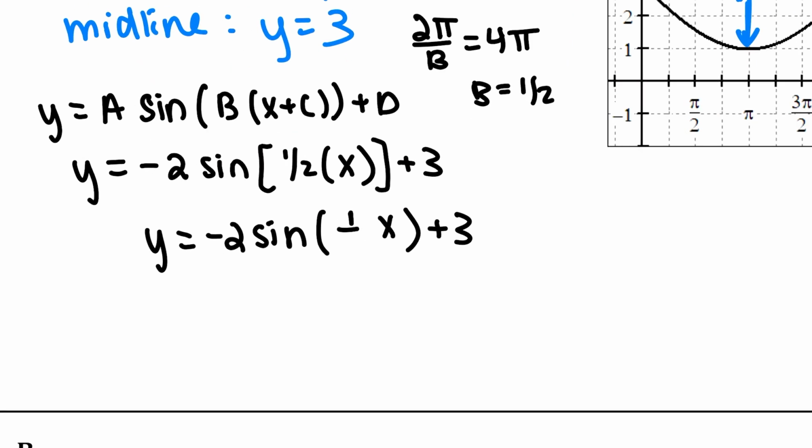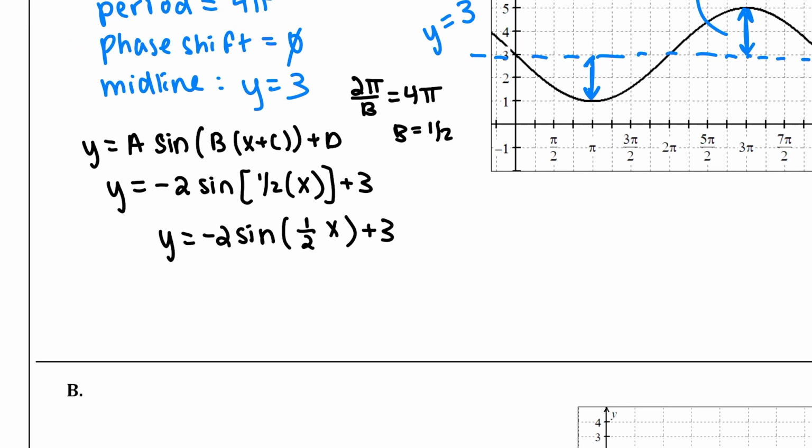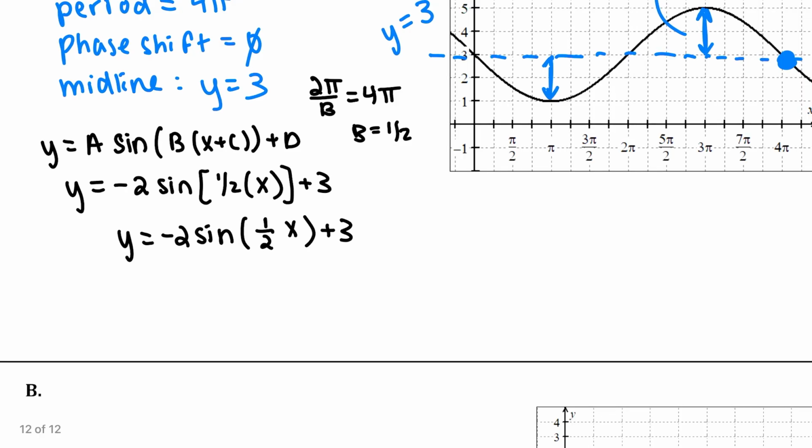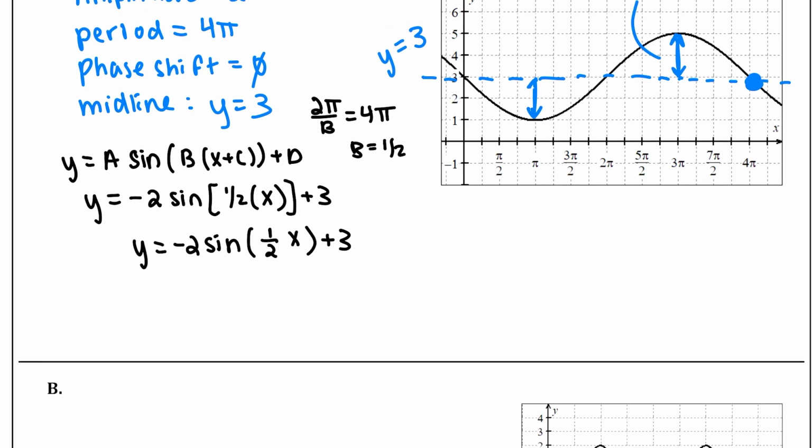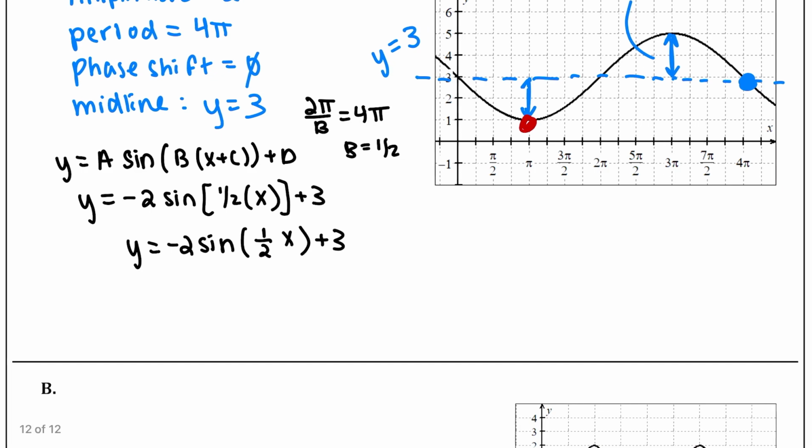Let's fix it. All right, so your answer, based off the way that you're solving this problem, could be different from this. Remember how I said that a sine and a cosine graph are just the same thing but shifted? So you could have started at pi and said that this was a cosine graph with a shift to the right by pi units, and then figured it out that way.